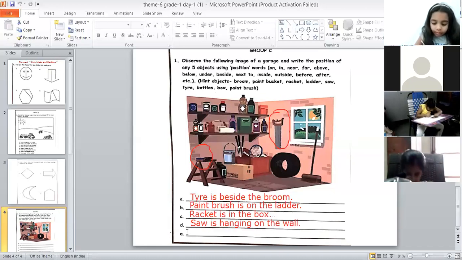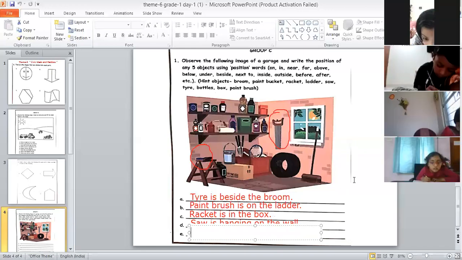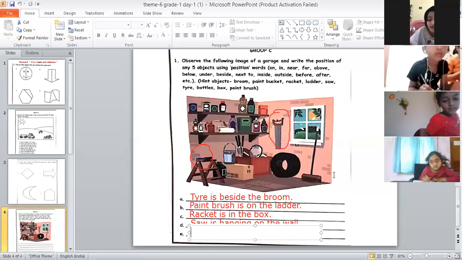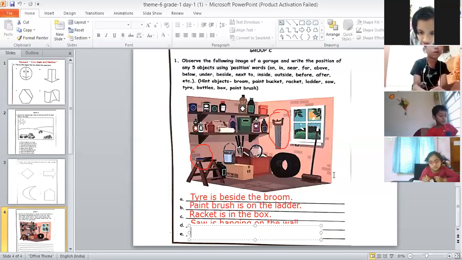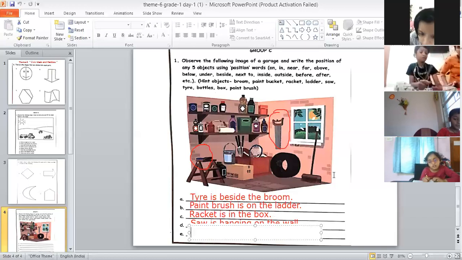Okay, fine. Now we need one more sentence, right? You can use only the objects which are there inside the garage. Manha, can you tell me one more sentence, the last sentence? I can see a bucket on a box.